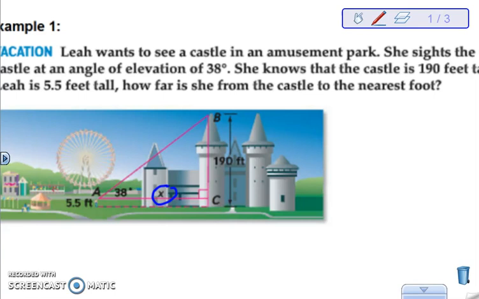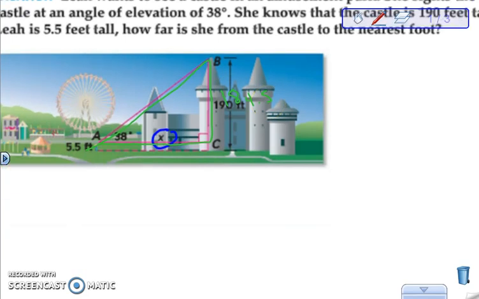And if we are solving for x, we're going to need to draw it out as if we are only looking at the right triangle. So we're going to need to separate the 5.5 feet of her height from the actual value of the triangle. So instead of 190, let's pretend that that says 184.5. Again, I just subtracted the 5.5 from the 190.